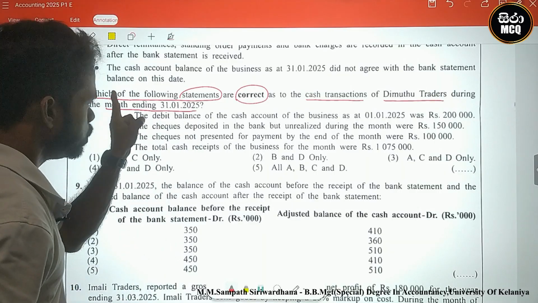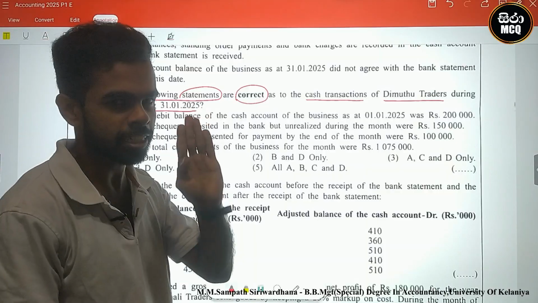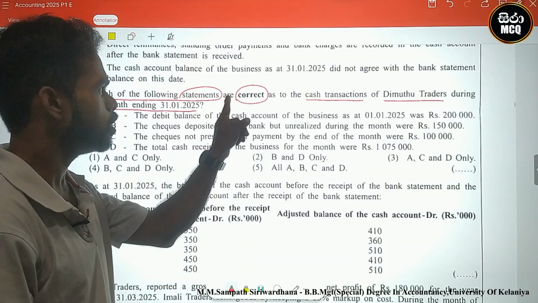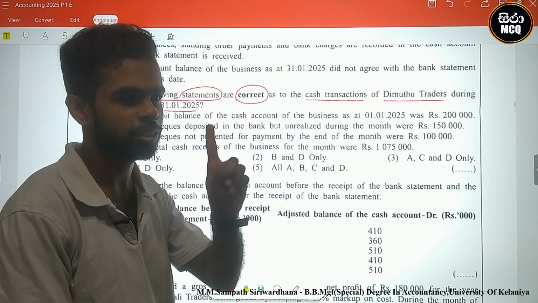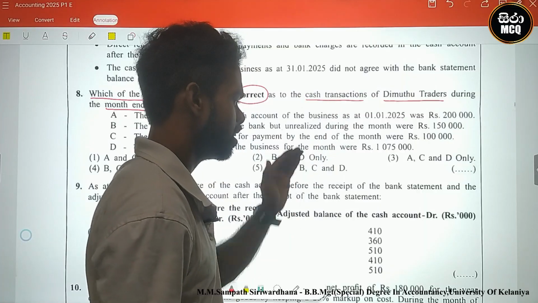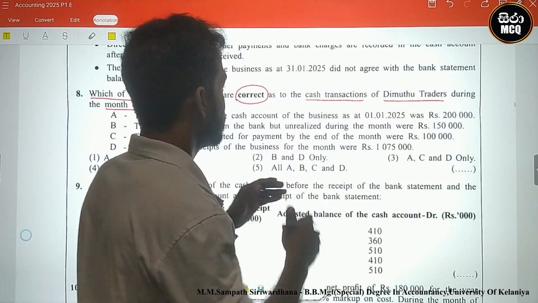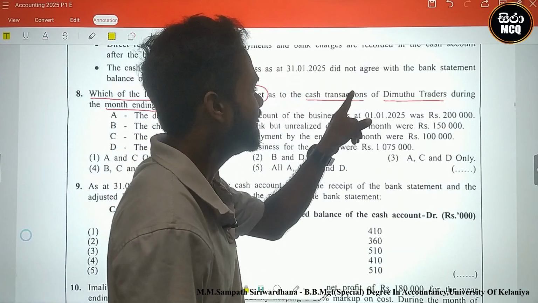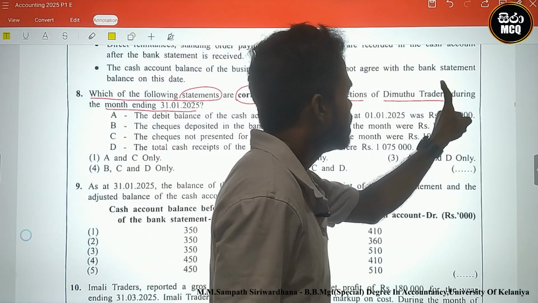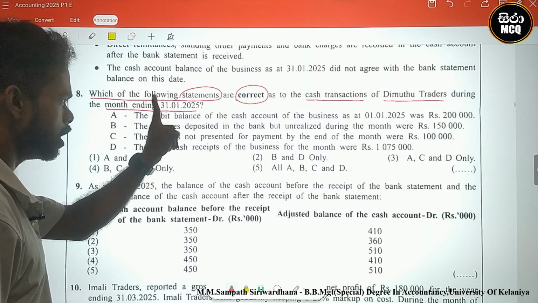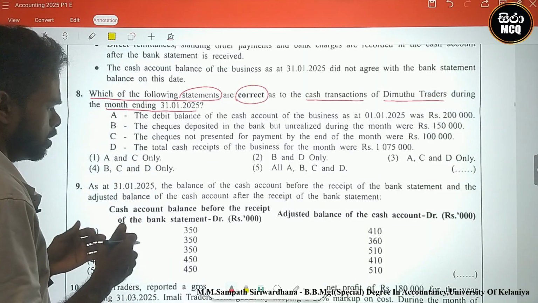Only the correct ones. As to the cash transactions, there are so many cash transactions, about the question of Dimuthu Traders during the month ending 31st January 2025.